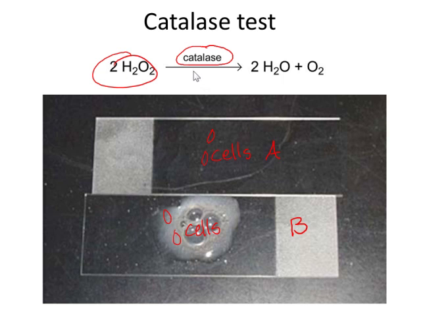Now, for cells that don't produce catalase, there is no reaction. Nothing occurs. But for cells that produce catalase, what happens is they convert hydrogen peroxide to water and oxygen gas. And because that gas is produced, can everybody see that? We have those characteristic bubbles that arise.